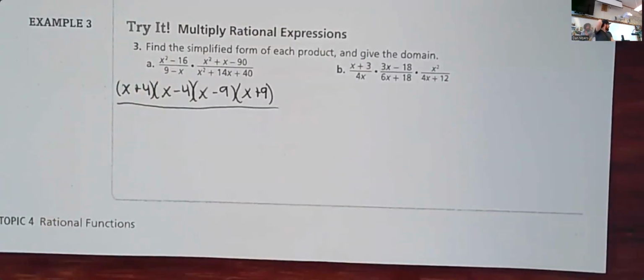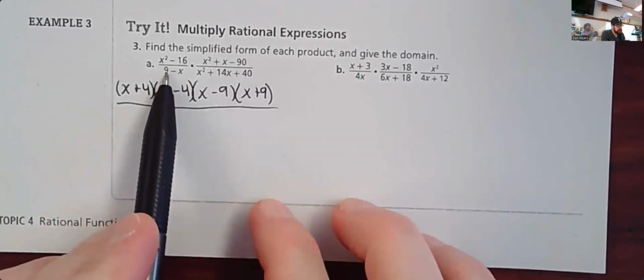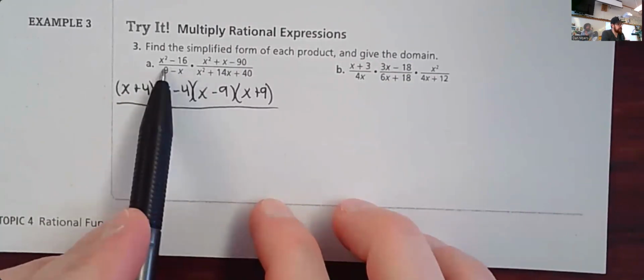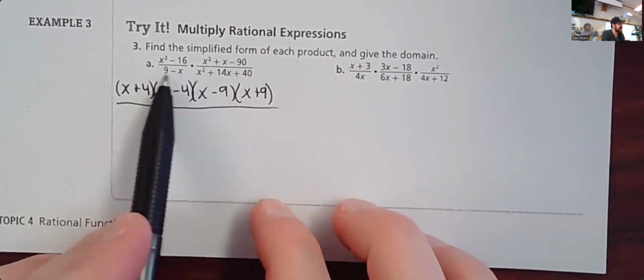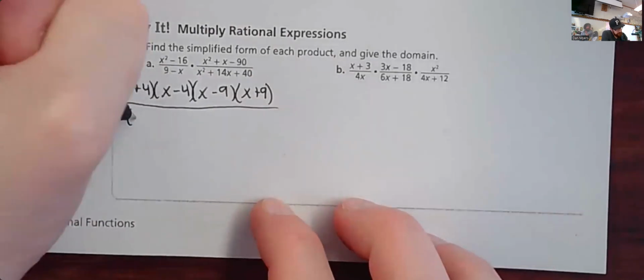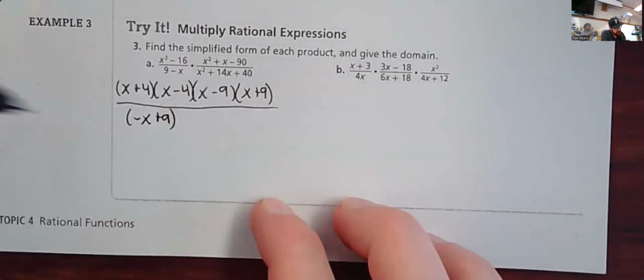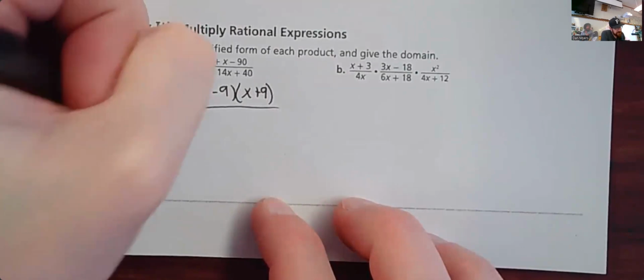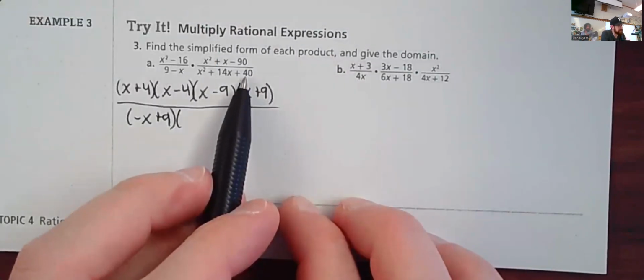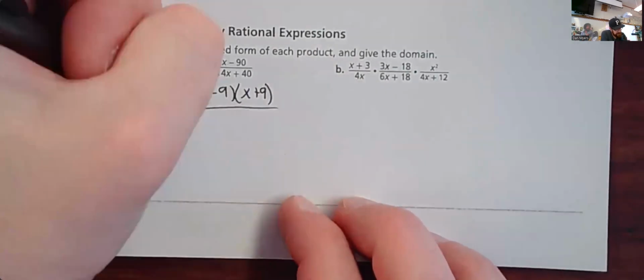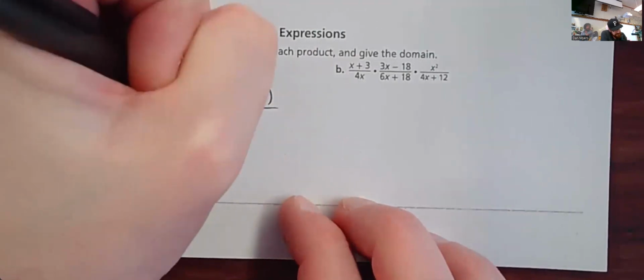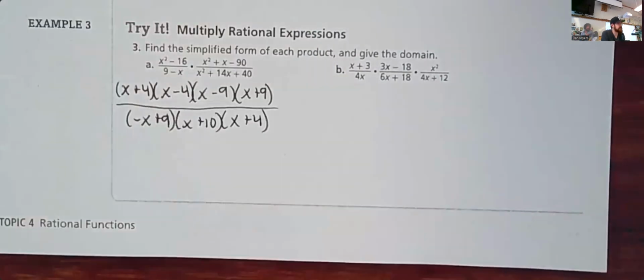Now on the denominator, we saw this in the very first example. I'm going to reverse the order of these two terms and write negative x plus 9 instead of 9 minus x. So negative x plus 9. And then factoring the denominator here, two numbers that multiply to 40 and add to 14 would be 10 and 4. So that'll be x plus 10 times x plus 4. Both are positive.